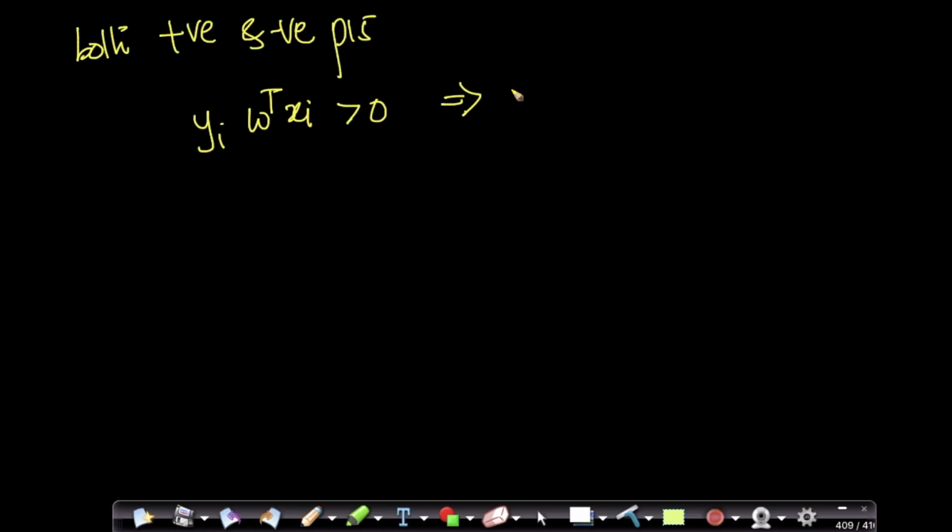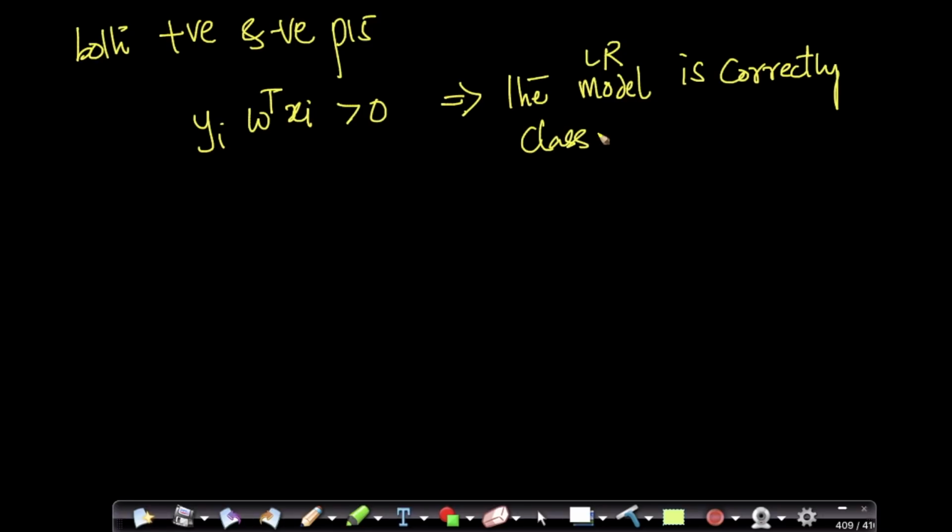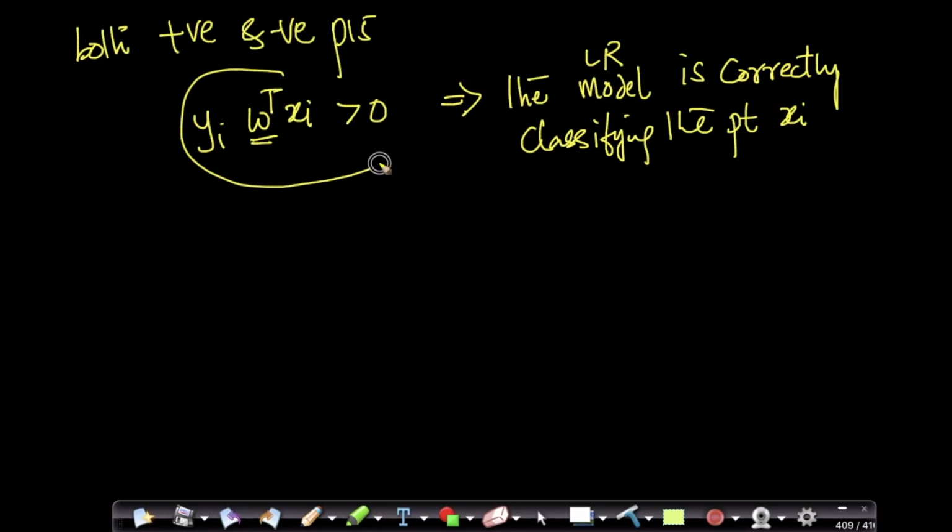This implies that the logistic regression model is correctly classifying the point xi. Right? That's what it means. And this is what we want. We want to find a W which does this.